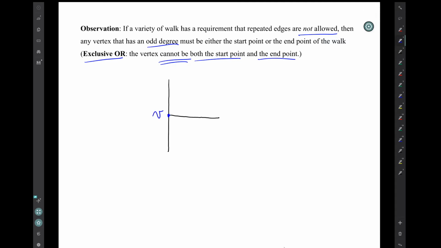So there's a vertex that has an odd degree. Now, if I have to use all those edges, that means I'm going to come into this vertex on one of those edges and then leave on one of those edges, like maybe that edge. And then sometime later, I'm going to come back in, and then I'm going to have to end at that vertex because I can't reuse any of those edges. Or maybe I started at that vertex and I'm leaving and coming back later.